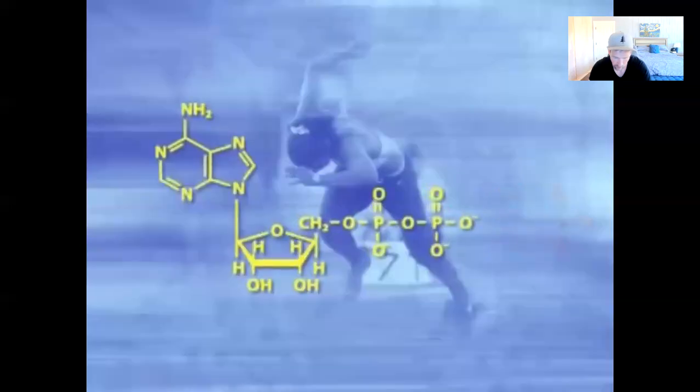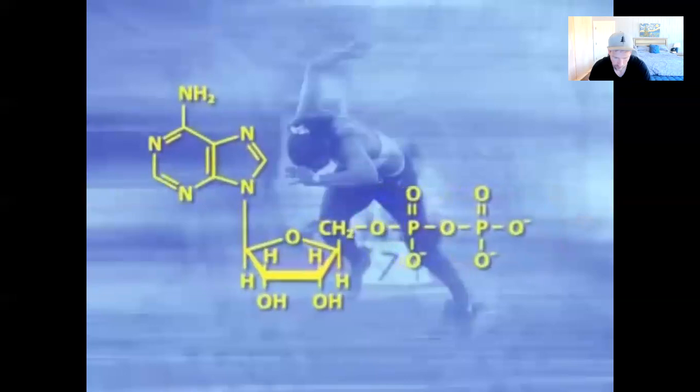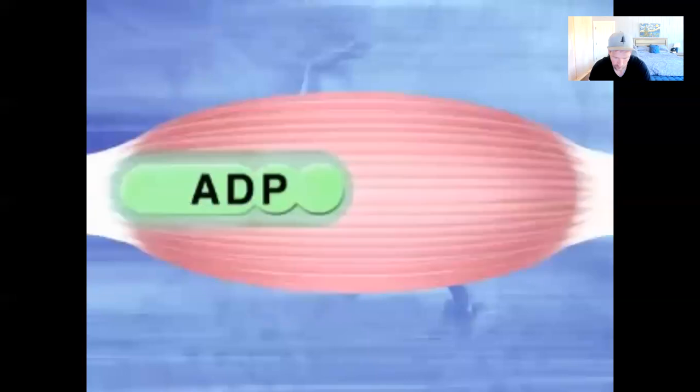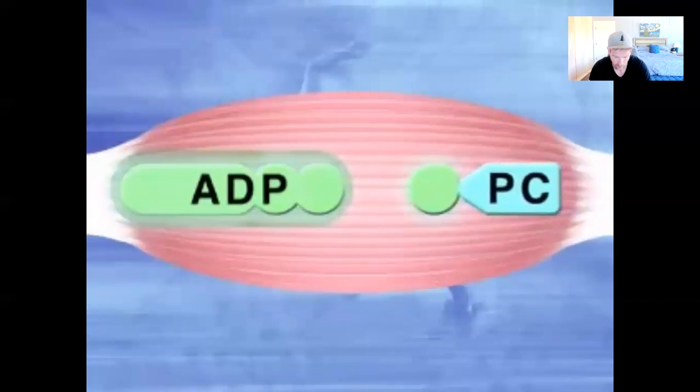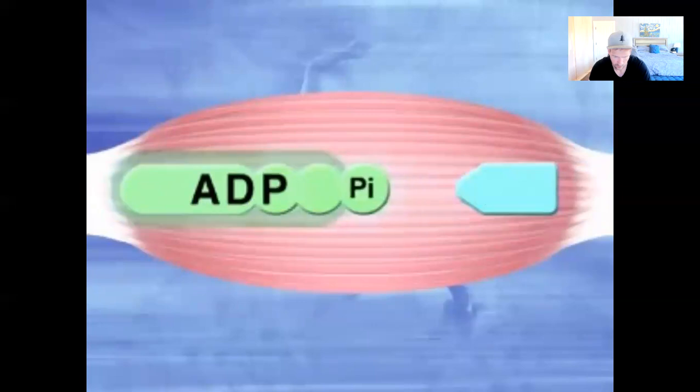Its molecular diagram looks like this. But when PC, or phosphocreatine, which is also found in muscle cells, reacts with ADP, it donates a phosphate group to the ADP molecule, and an ATP molecule is again formed.